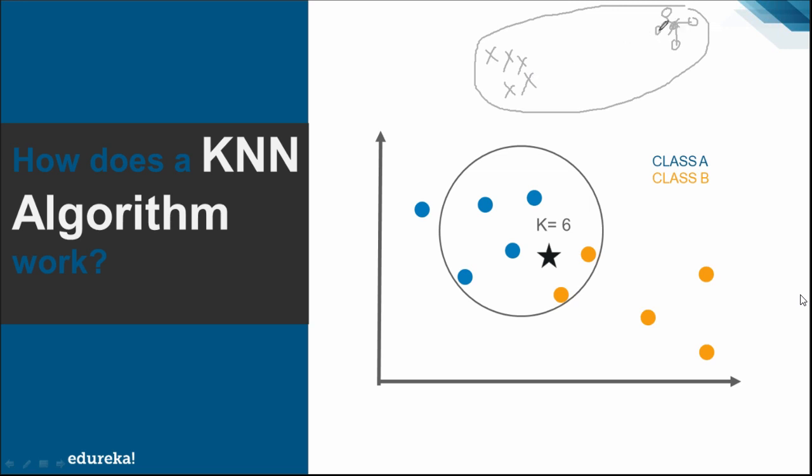So if you add weights according to distance, these are the closest ones, so their votes will have more weightage compared to the others. Because of this, it would again be predicted as the circular class only.